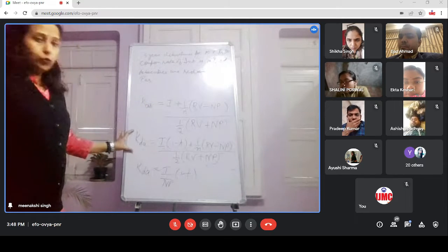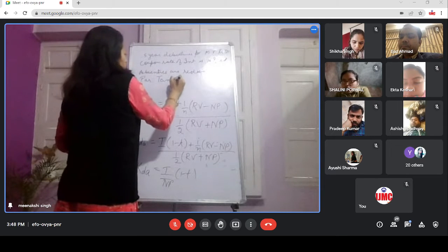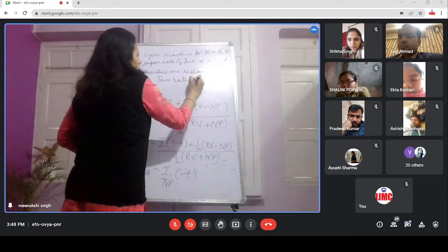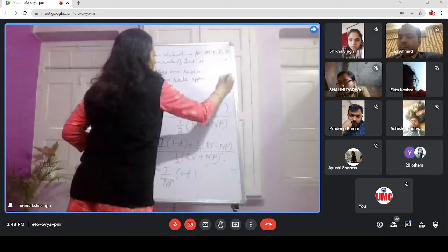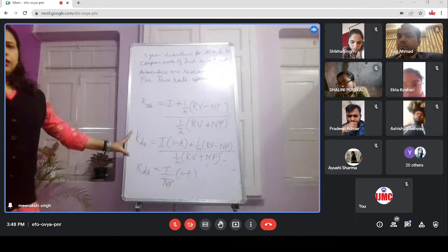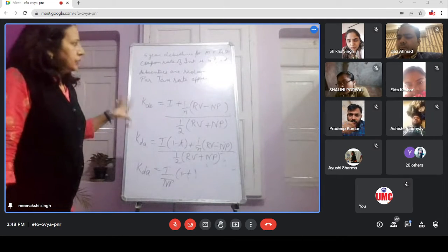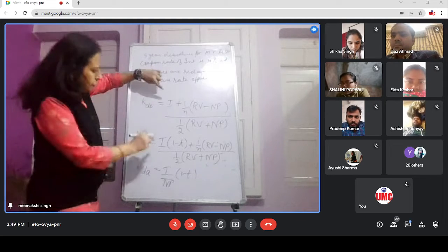So we are going to use this formula. For calculation purposes, we can assume the applicable tax rate at 50%, so that the calculation can be easy. So this is the formula and this is the thing given. First we need interest.